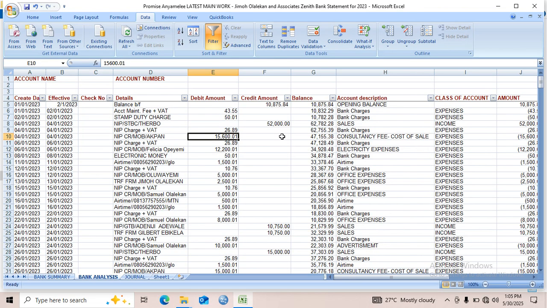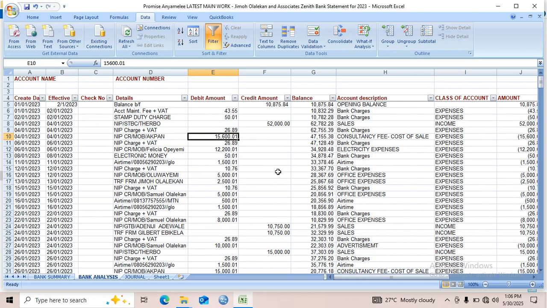And how to work on your reversal is that you look for the class of account that you wanted to pay money to. You just do the corresponding entry there for it to cancel out. Let me say, for example, that you wanted to buy airtime of 1,500, and you later transferred 1,500, but they sent you the money back.